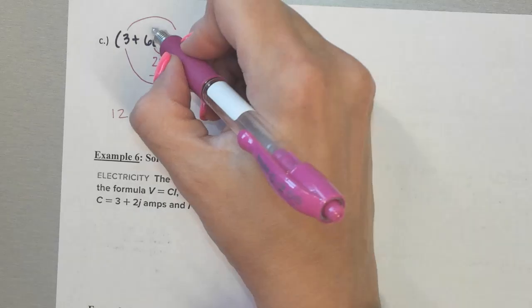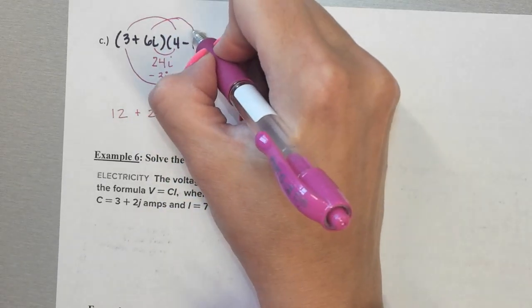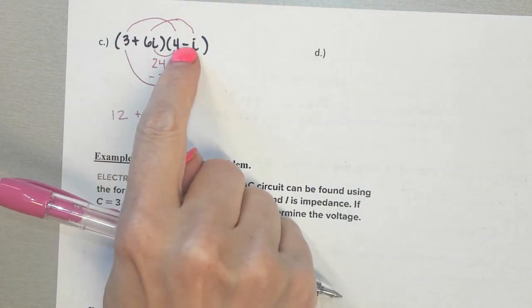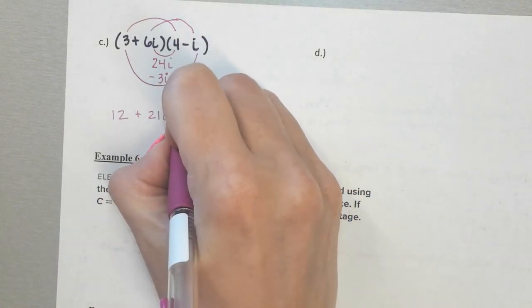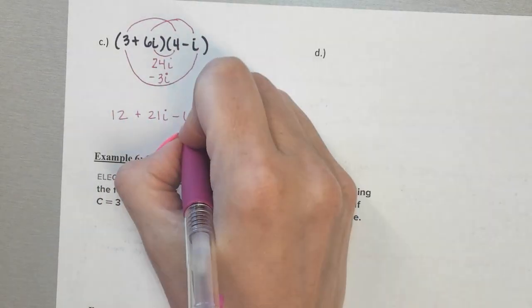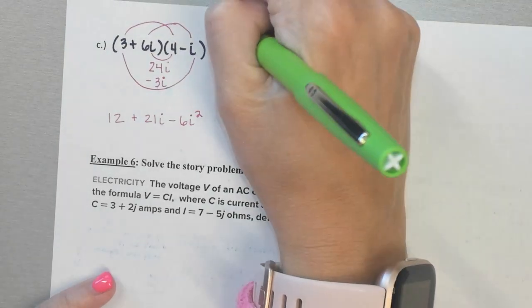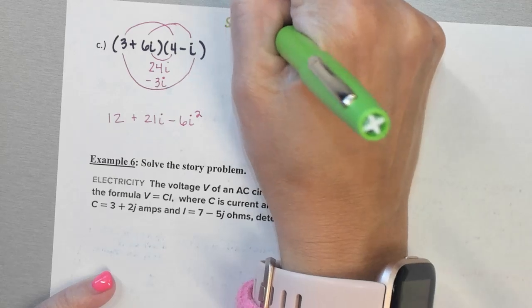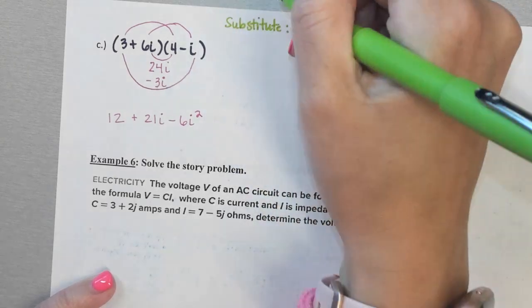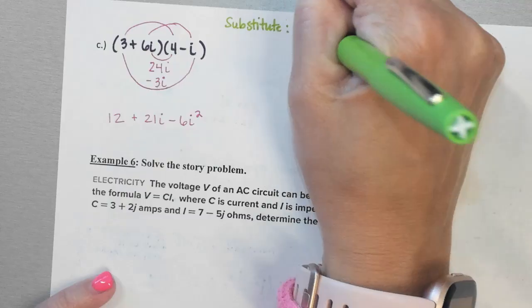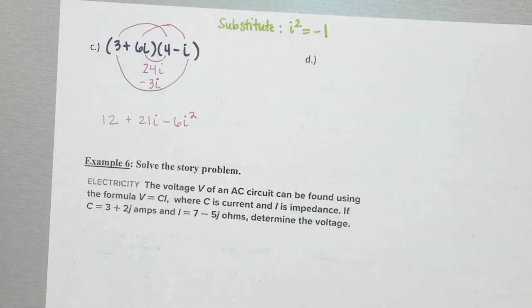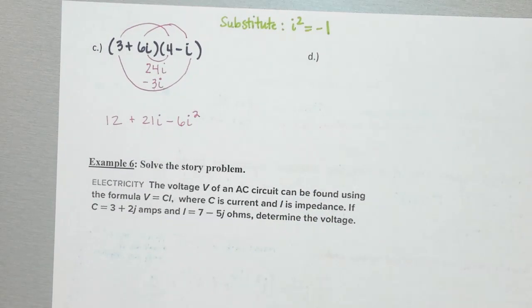Okay, and then here we have 6i times a negative i. So 6 times a negative is negative 6. i times i is going to be i squared. Whenever you are working with i squared, you are going to substitute. So we're going to write a little note up here that you are going to substitute negative 1 for i squared. Whenever you have an i squared, you're not going to leave it like that.